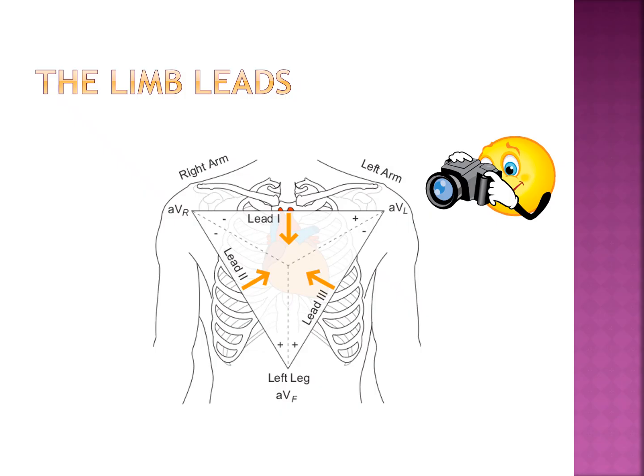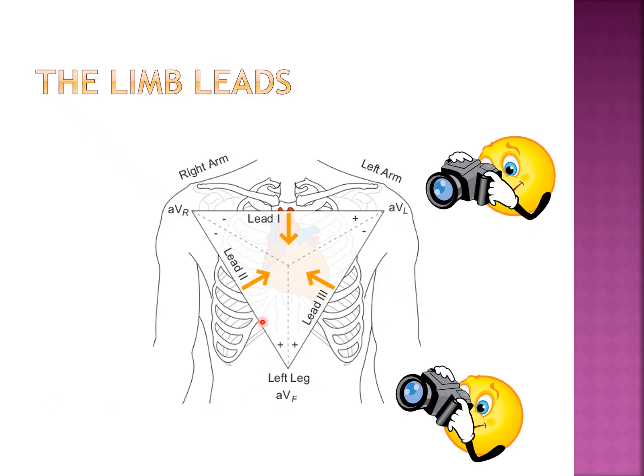Lead 2 and lead 3 all head toward the inferior lead, or the left leg, because those are the positives, so we stick our camera there, and we know that the electricity is always traveling towards the positive lead.